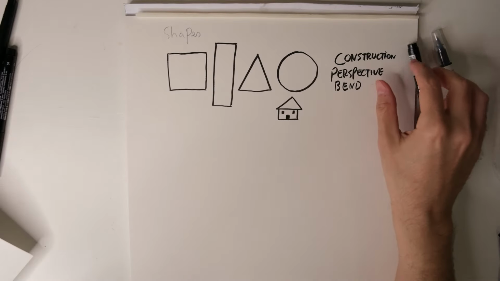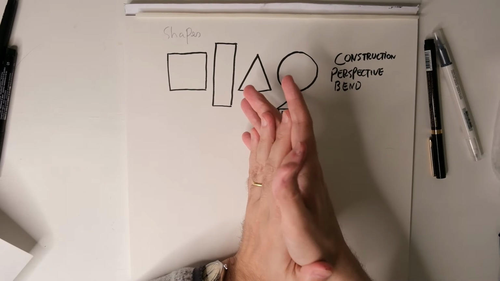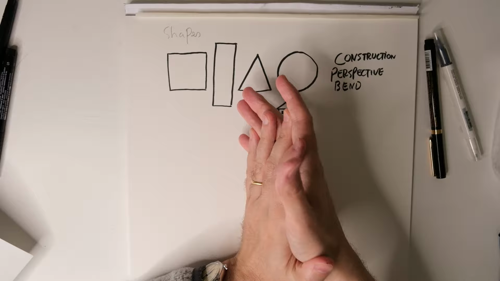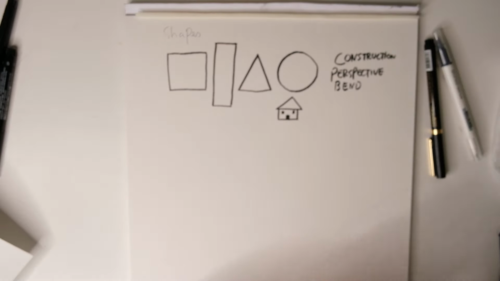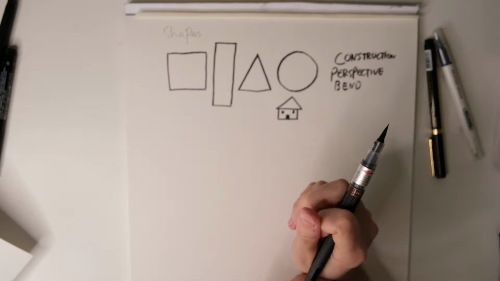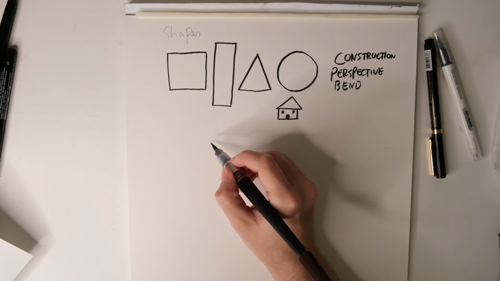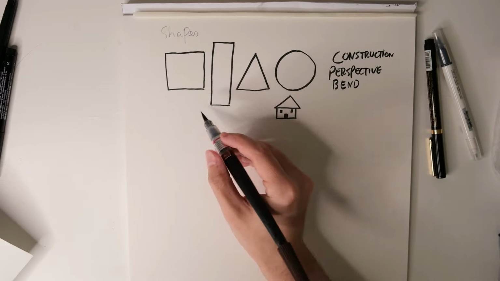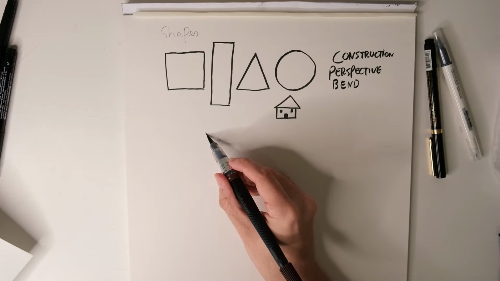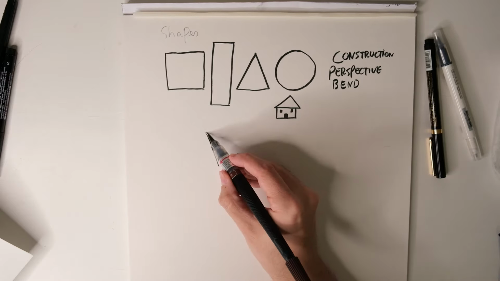Perspective is important because you do need to be able to draw the objects in 3D. So let's take the square. So I have my square, right?